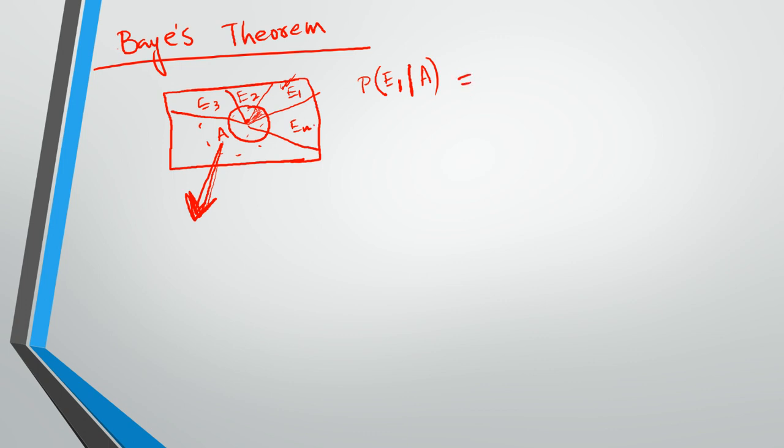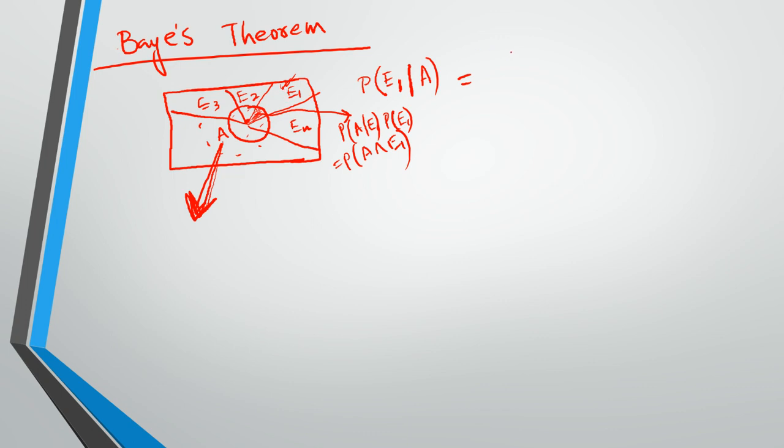So this is what you will do. This portion, if you see what I discussed before, is probability of A given E1 times probability of E1. This is actually probability of A intersection E1. We have to write this portion divided by the entire probability. That will be the probability that it is coming from this part, the probability of E1 given A has occurred.